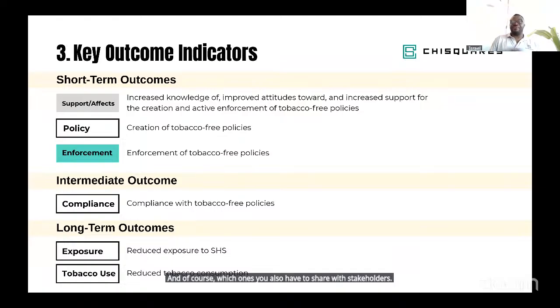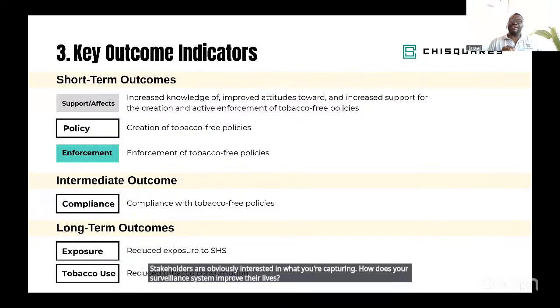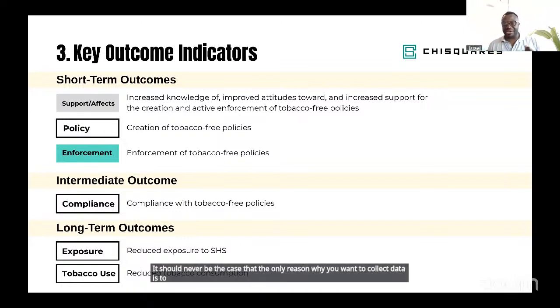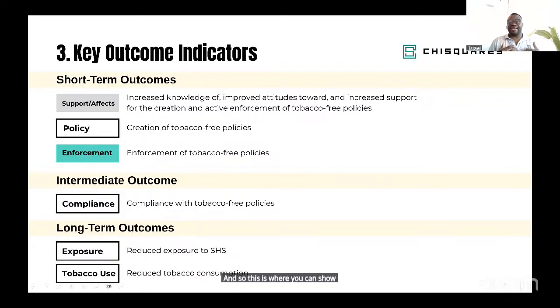Stakeholders are obviously interested in what you're capturing. How does your surveillance system improve their lives? It should never be the case that the only reason why you want to collect data is to advance your own career and publish manuscripts. You also have to worry about the stakeholders, what's in it for them. And so this is where you can show that the surveillance system has merit to your audience.